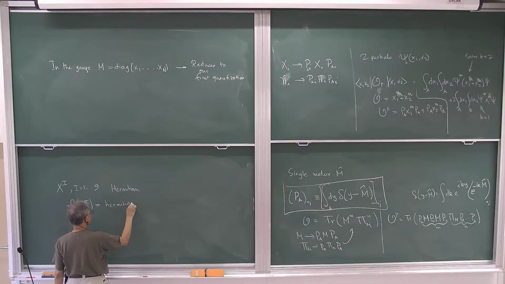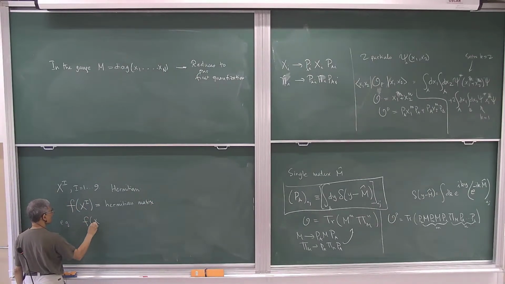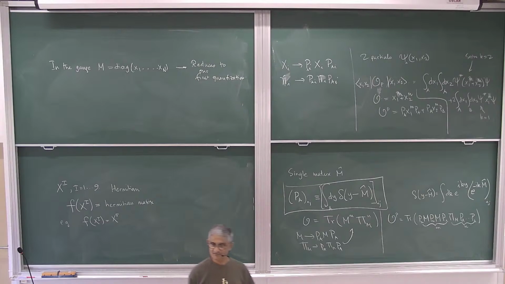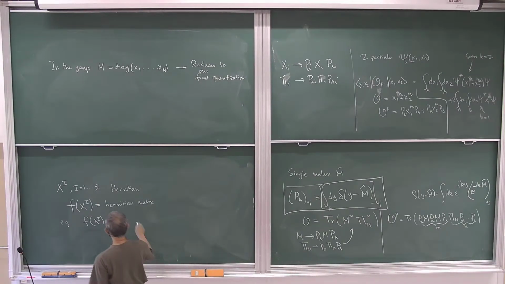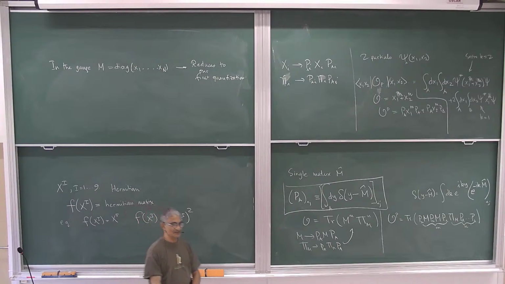Just to give an example, let me take f of Xi to be just X5. That's a Hermitian matrix. Nobody prevents me from doing that. Or I can take f of Xi, that's another Hermitian matrix. Okay?